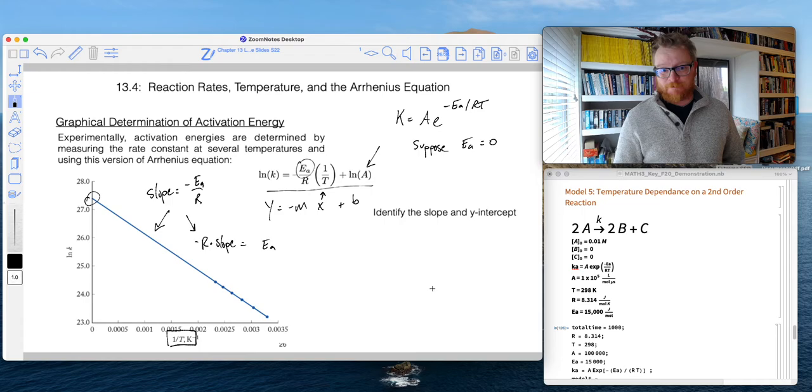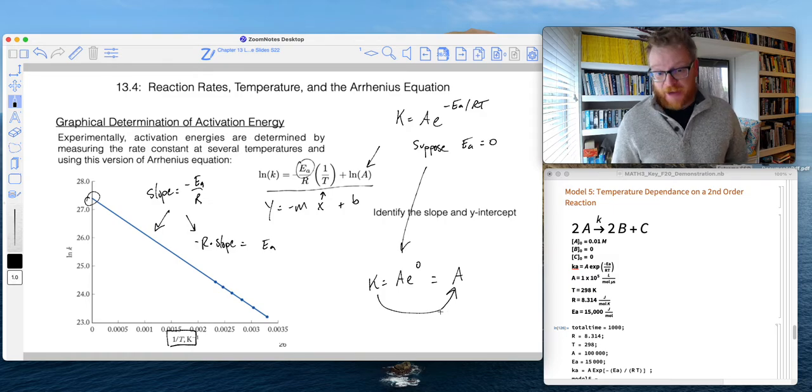Then k equals A e to the 0 power. Of course, that'd be 0 divided by RT, but we recognize 0 divided by anything is 0, and hopefully we also recognize e raised to the 0 power is 1. So in this case, if we had 0 activation energy, k is the frequency factor.